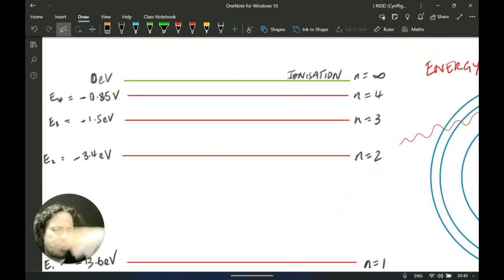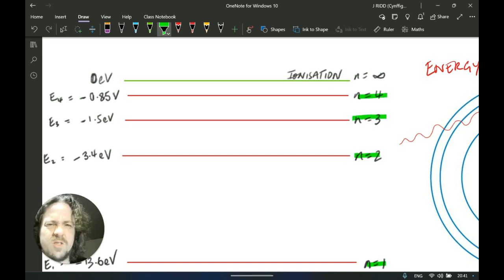So rather than drawing it as a circular atom now, I'm drawing these different energy levels as discrete lines. Another point worth noting is I've also put on this n equals infinity here, which is essentially when an electron gains enough energy to escape the atom.